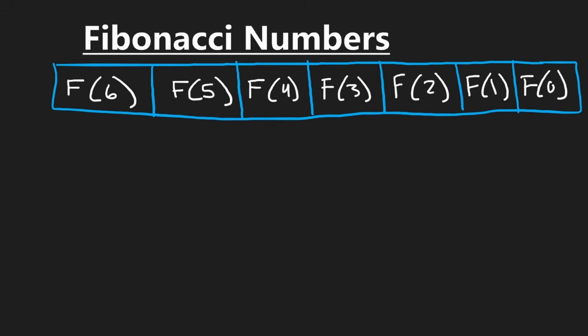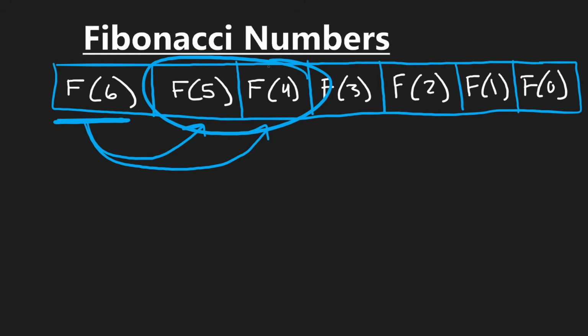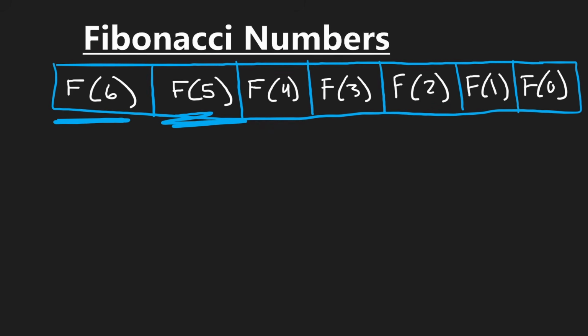As we compute the Fibonacci numbers required to compute this Fibonacci number, we're going to end up computing all of these, right? Of course, these are our base cases, right? The 1st and 0th Fibonacci numbers are our base cases, right? And if we want to compute this, we're going to need to add these 2 previous numbers together. To compute this one, we're going to need to add these 2 together. To compute this one, we're going to need to add these 2 together, etc., right?